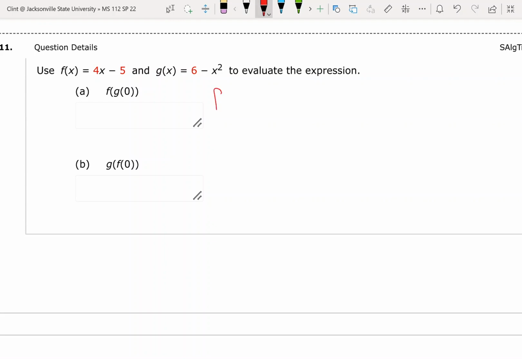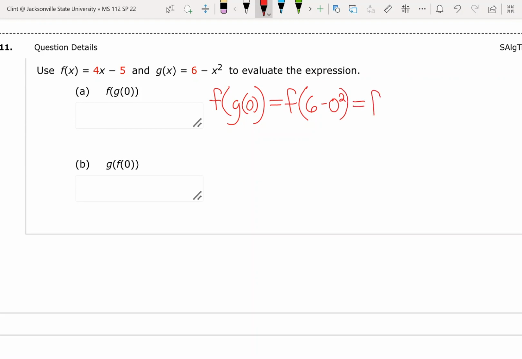So on the first one, we want f of g of 0. g of 0, g is 6 minus x squared, so we'd have 6 minus 0 squared.